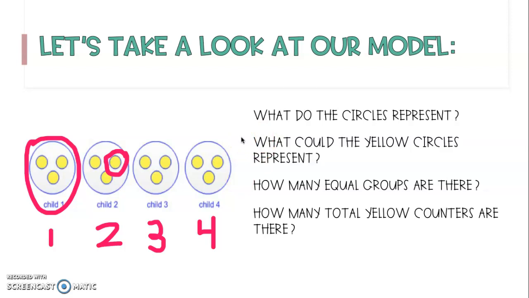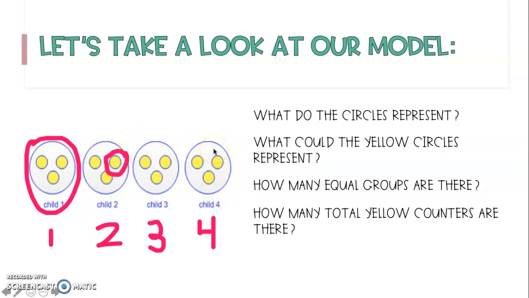Remember that when we are looking at equivalent sets, we can use repeated addition or we can use skip counting in order to find the total. So here I see that I have 3. 3 plus 3 is 6. 6 plus 3 is 9. And 9 plus 3 is 12.